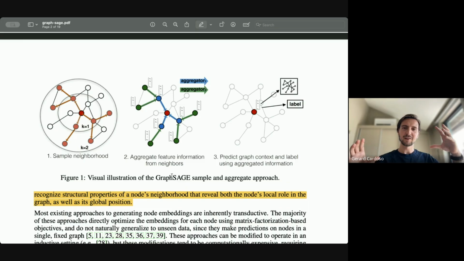Then you take those nodes that you've sampled in the neighborhood and apply an aggregator function. You take the embeddings of all of those nodes, aggregate them, and then aggregate that with the current iteration of that node's embedding to get the final node embedding. And then you can use that in downstream tasks.